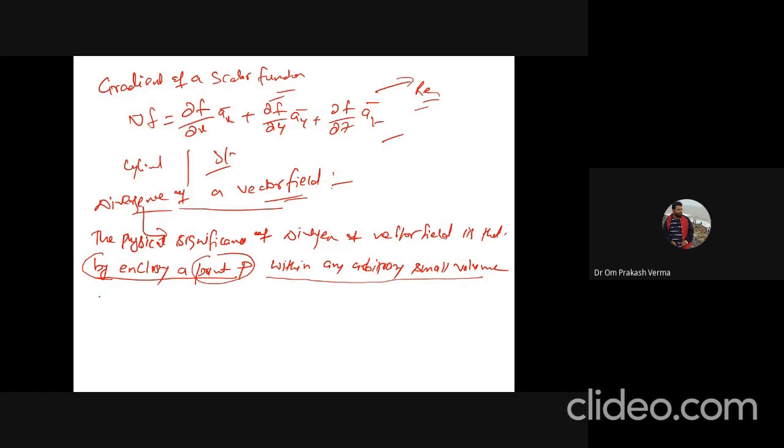we can obtain the net outward flow of that vector field by computing its divergence at that point.